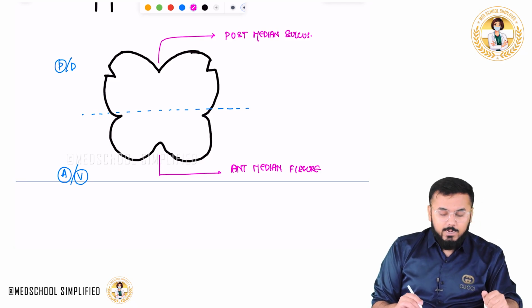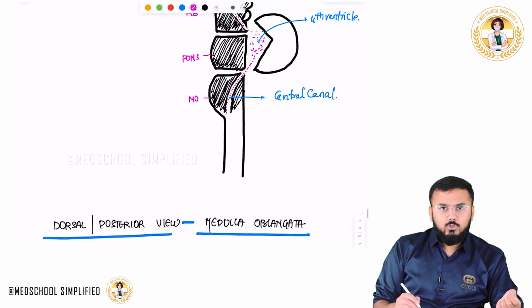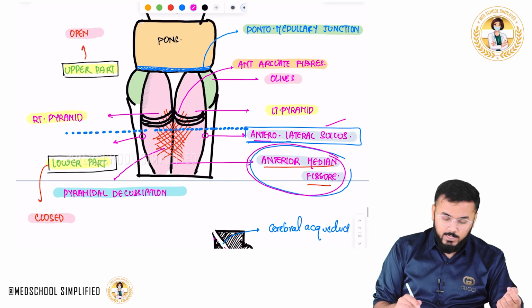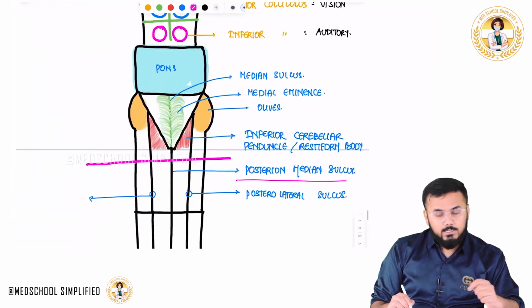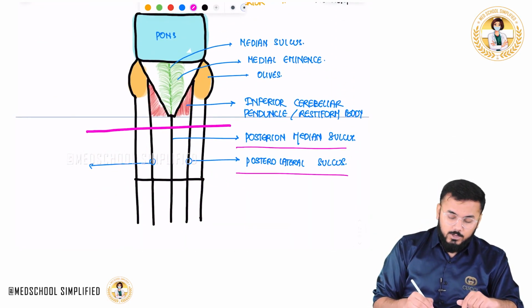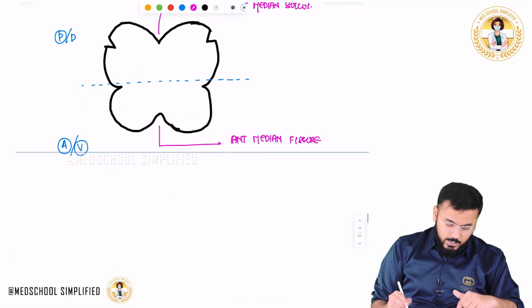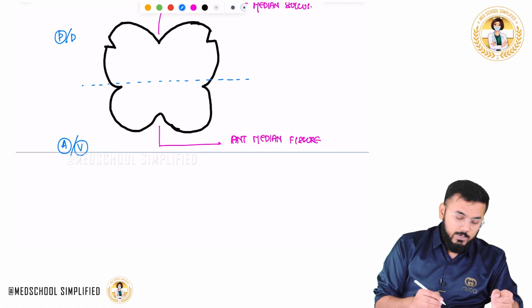Next, on the lateral sides also we have two important structures. One is called the anterolateral sulcus. On the back we have the posterolateral sulcus. So where are they?